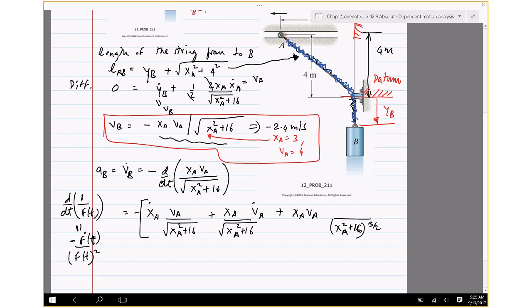Yeah. Okay, so I have to use this thing on the last expression here. That's what I meant. Exactly. So XA squared plus 16, squared, and then you have to take the derivative of whatever is inside, so 2XA.